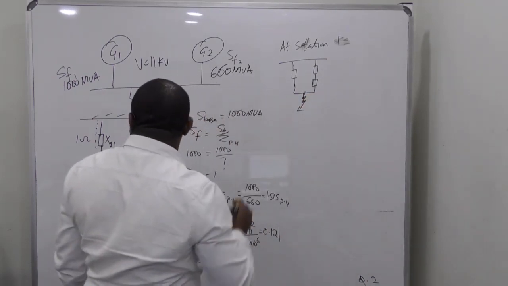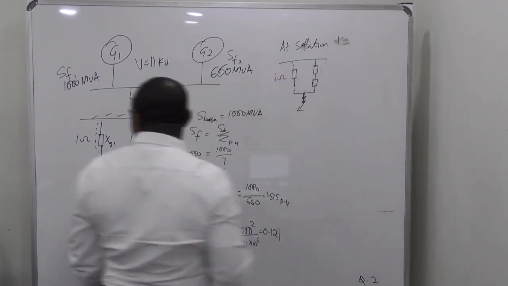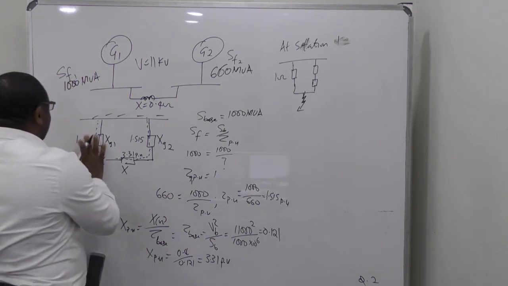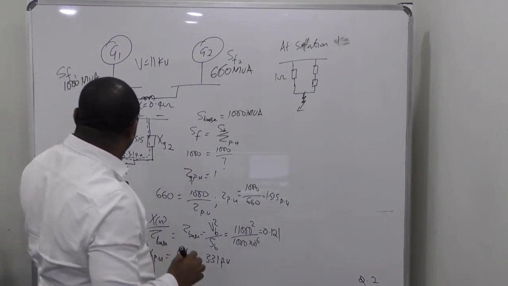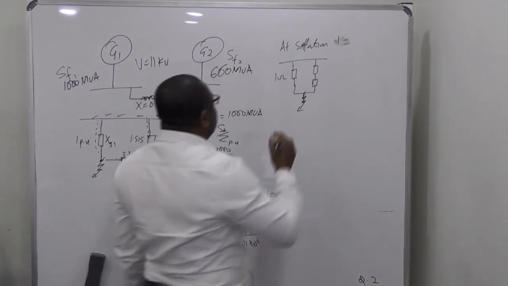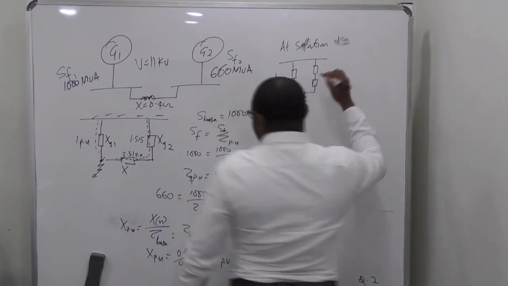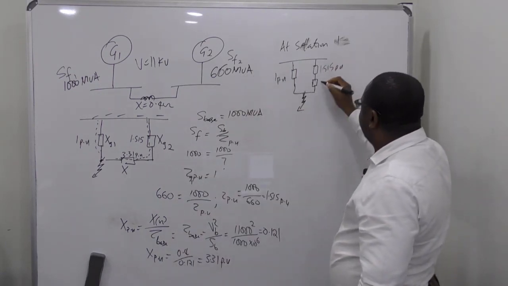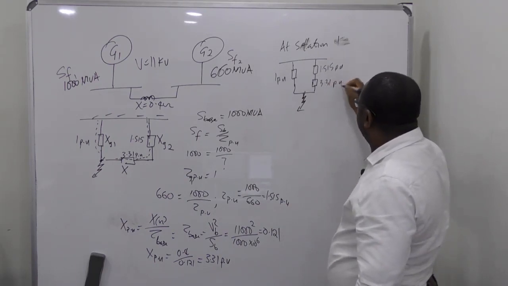So in other words, I'm going to have 1 per unit here, not 1 ohm. Now this is in per unit. So 1 in per unit, and then here is 1.515 per unit, and here is 3.31 per unit.